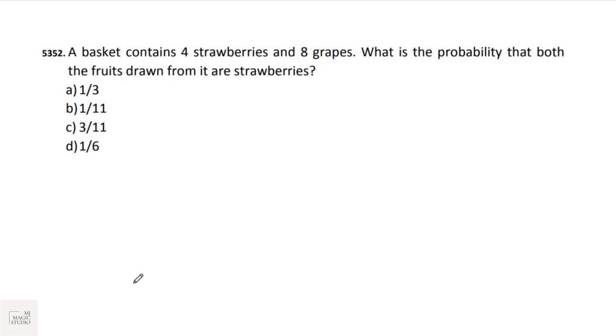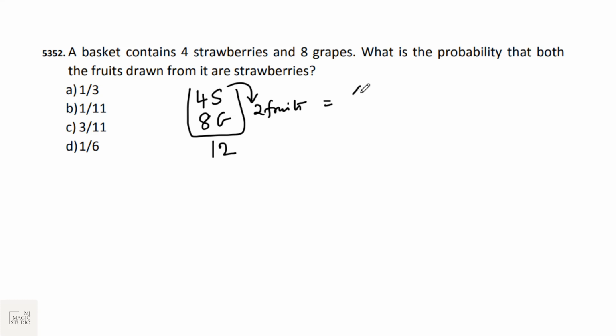Okay, on the platter of probabilities, next one, let's see what we have. A basket contains 4 strawberries and 8 grapes. That means 12 fruits. What is the probability that both the fruits drawn, that means we are drawing 2 fruits, are strawberries? So the required probability would be 4C2 and the total cases would be 12C2.